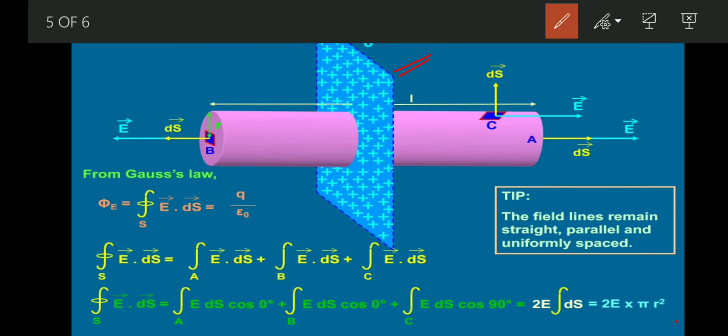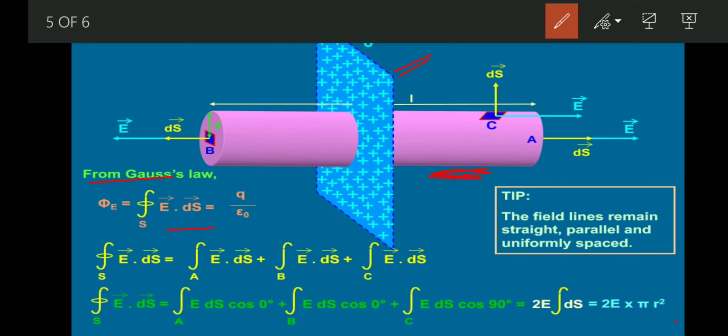Now first of all, we have to consider a Gaussian surface, a hypothetical, imaginary Gaussian surface, and again by symmetry we will consider this to be a cylinder. So applying Gauss's law, that is phi is equal to the integral of E dot ds, which will be equal to 1 upon epsilon naught times the total charge enclosed.